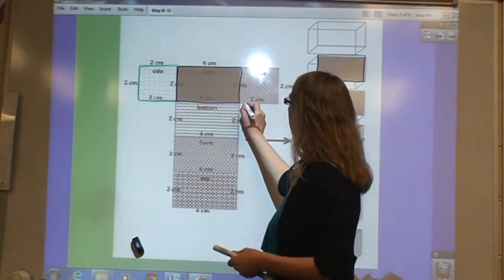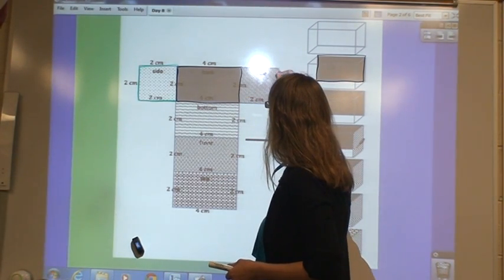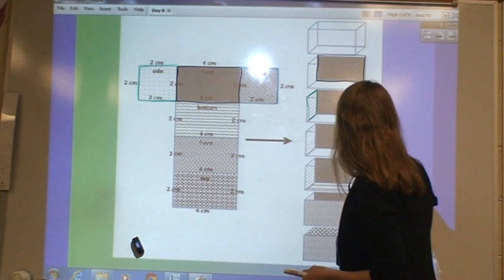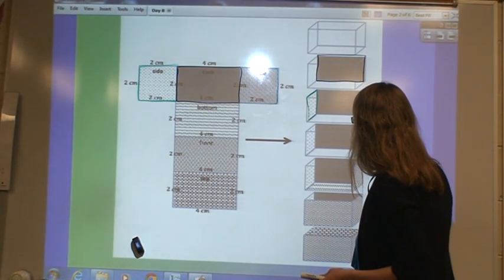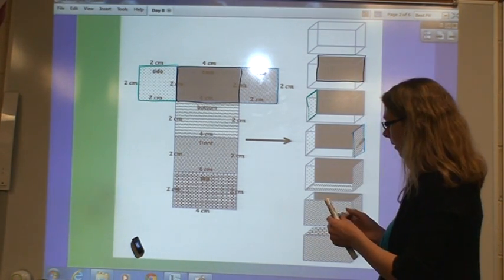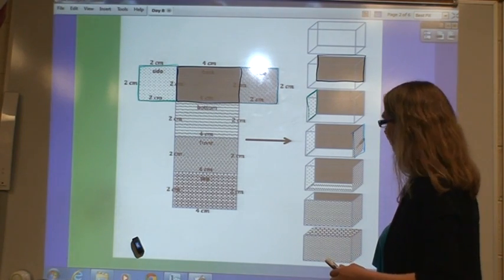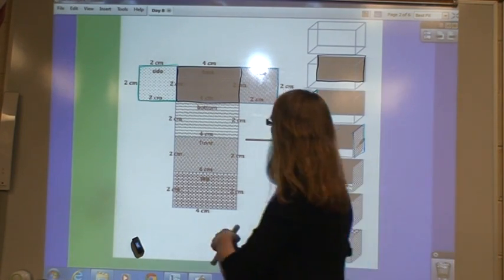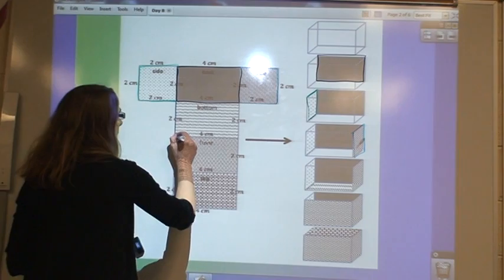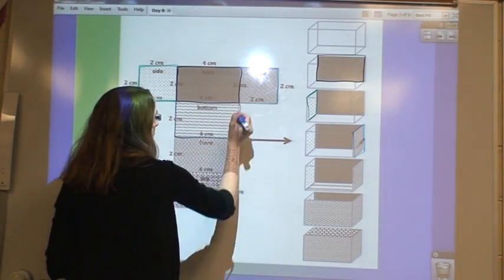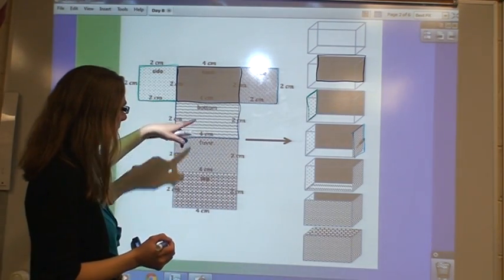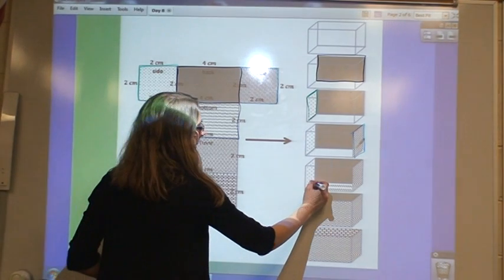And it takes this one and says, oh, well that's actually this side over here. And then we have this one in blue. And that one in blue, where did they put it? Oh, right here on the bottom.